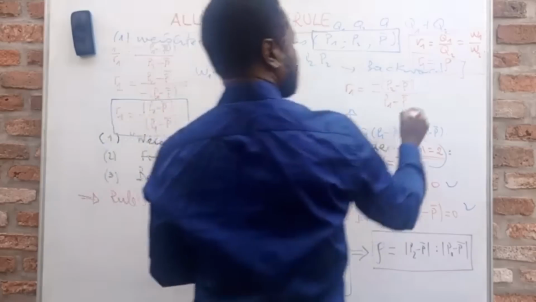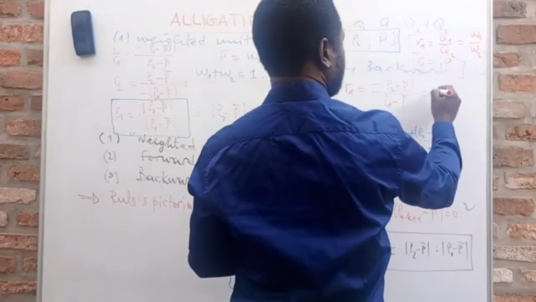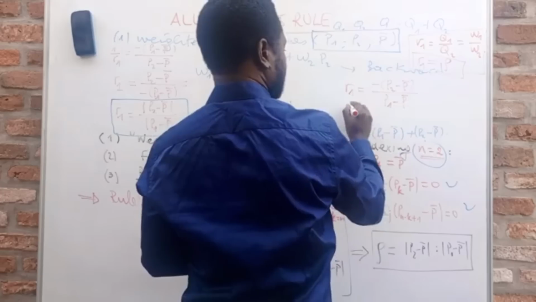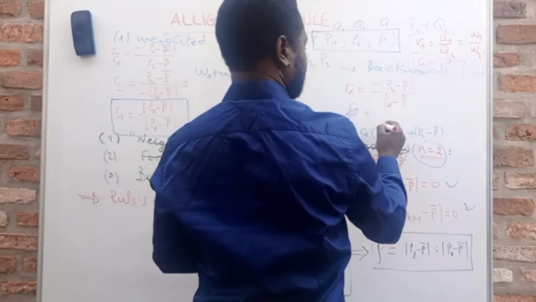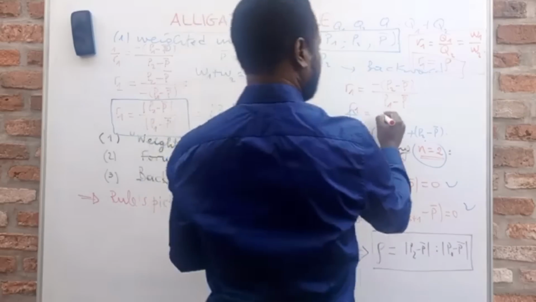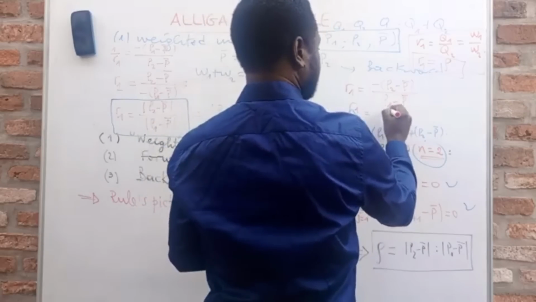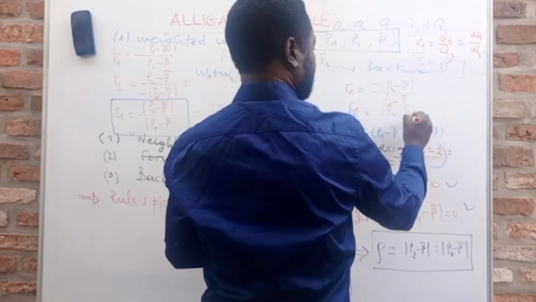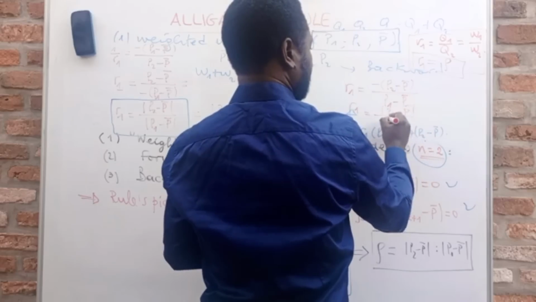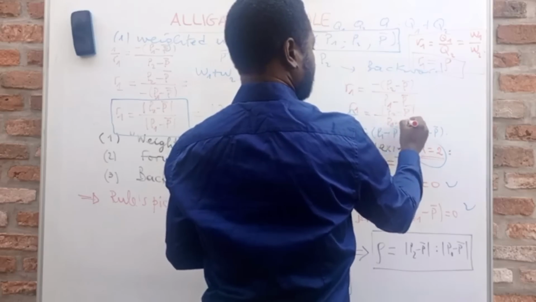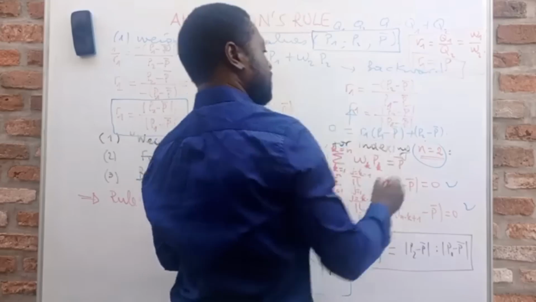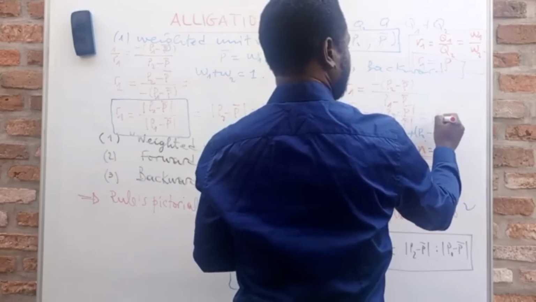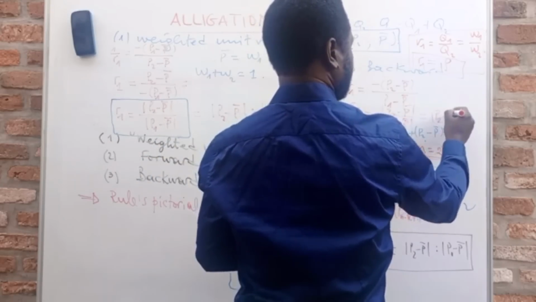Now, this is the same as, if I take absolute value, in order not to have negative weight, absolute value of P sub 2 minus P bar over absolute value of P sub 1 minus P bar.